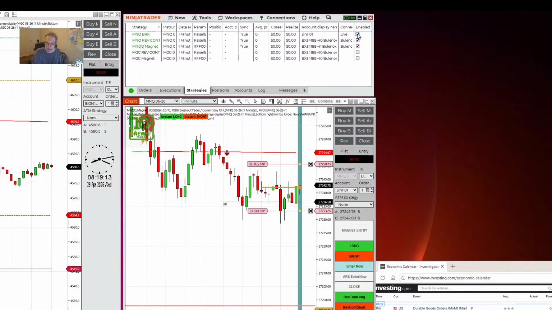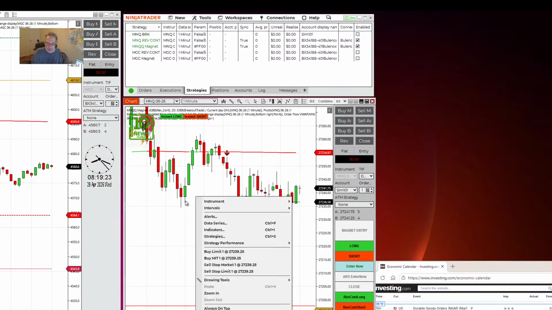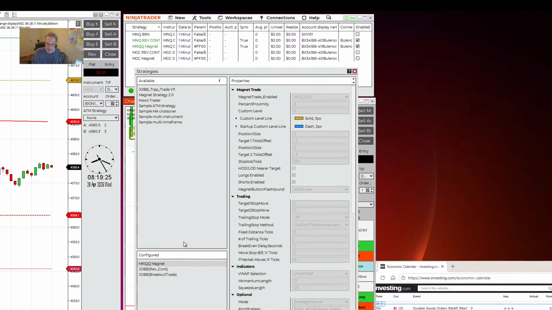Maybe we can get away with 30 this morning based on the current volatility. We can get rid of this horizontal line also. Our software puts that on. It has a purpose.